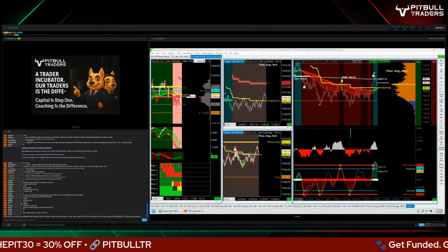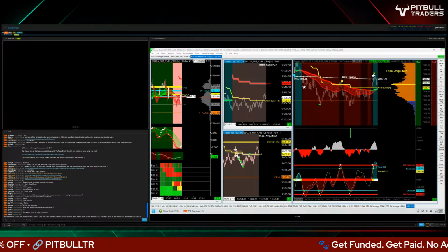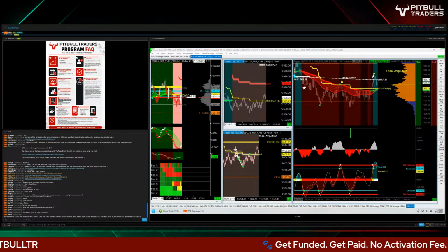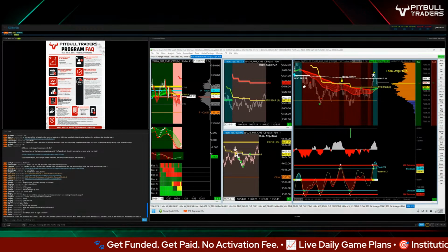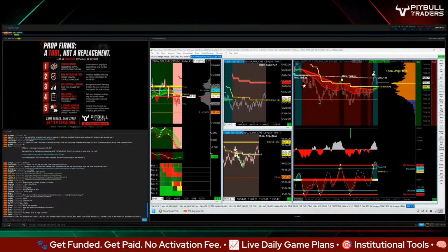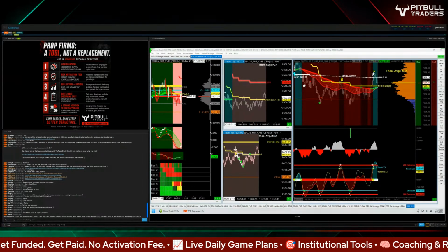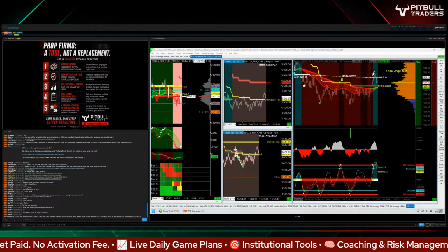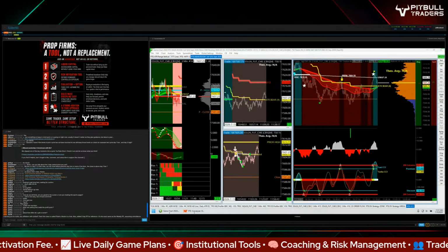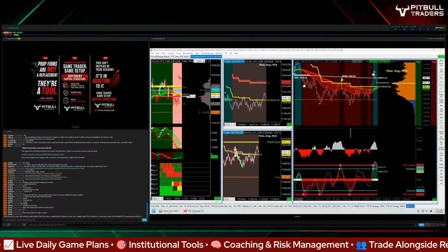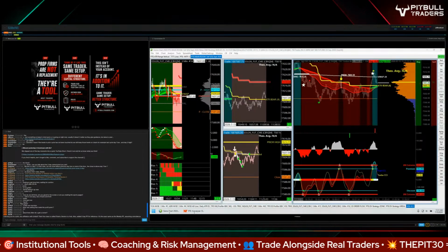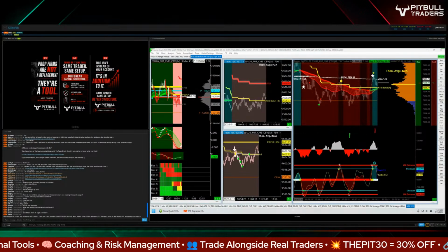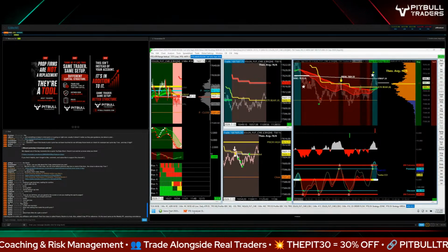I'm looking to uncover patterns that I can take advantage of. They have to be repeatable, identifiable, repeatable. And there are multiple patterns out there, but you can't trade them all.